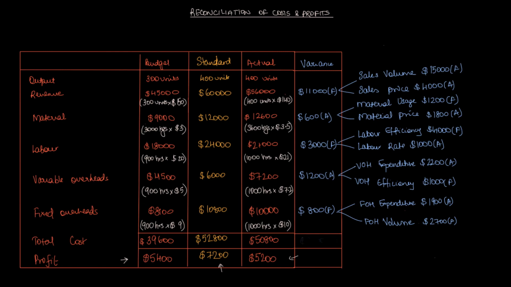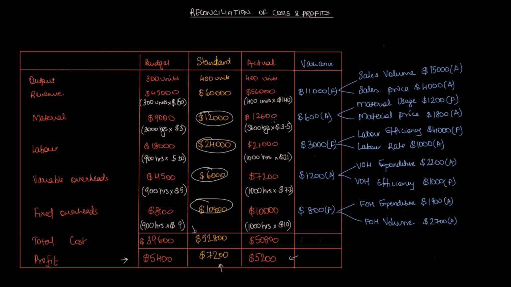Now what we're going to do next is, we are going to reconcile the standard cost to actual cost. Basically, as per management's standards, the standard cost, or the total cost for 400 units of output, should have been material 12,000 plus labor 24,000 plus variable overhead 6,000 plus fixed overheads 10,800, which brings us to a total of 52,800.